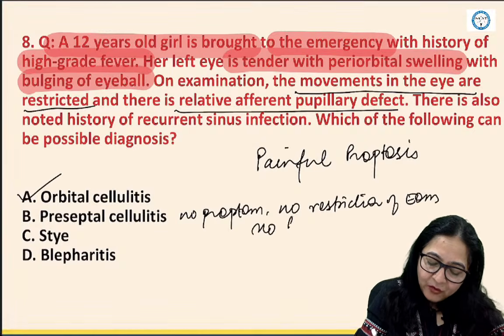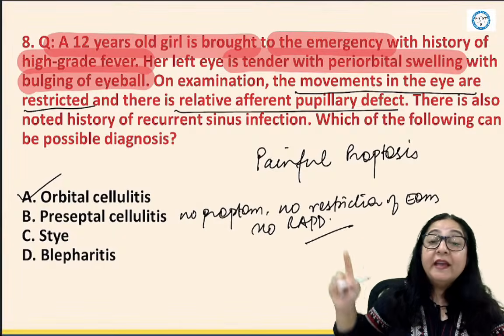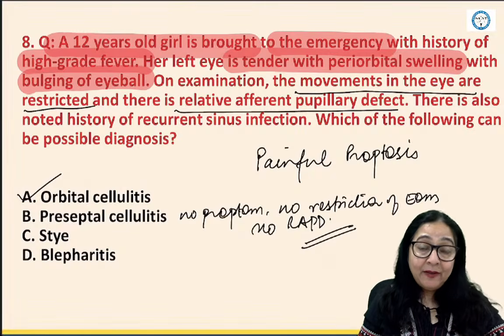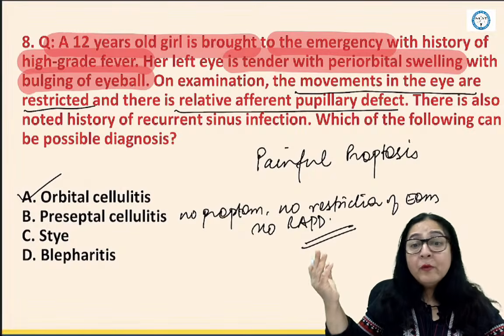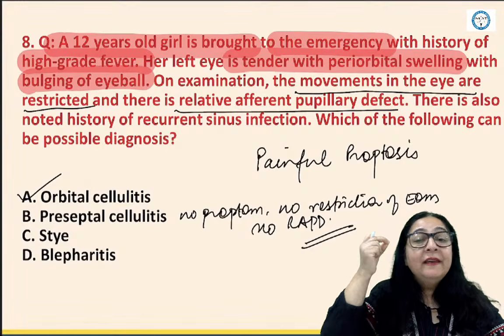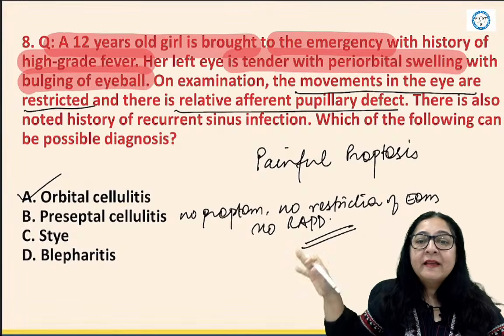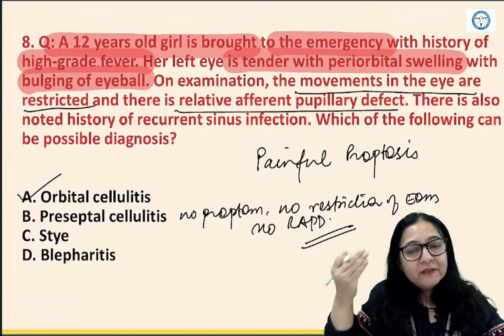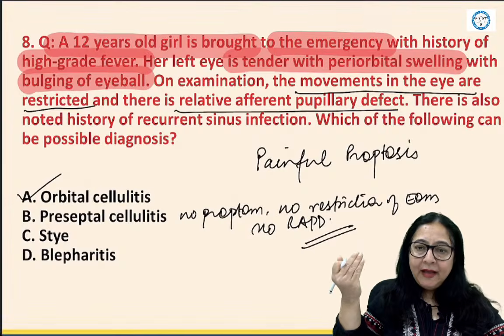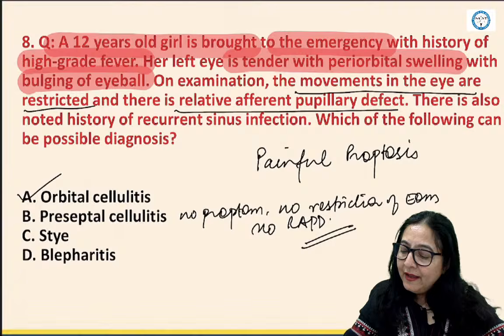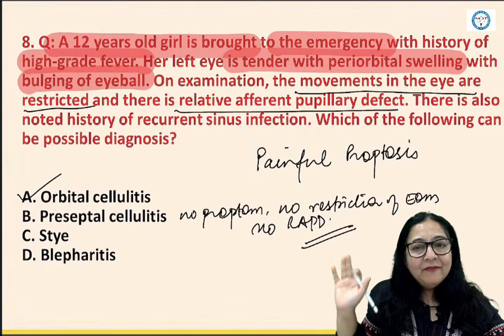So that is how you will differentiate preseptal cellulitis from orbital cellulitis, beta. ठीक है, स्टाई आपको पता ही है, stye is just a small painful nodule on the lid margin. Again, ये सारे फीचर्स स्टाई में नहीं होंगे. Blepharitis is when there is inflammation of the lid area only, eyelid margins. Again, ये सारे फीचर्स उसमें नहीं होंगे. ठीक है, so you have to be very careful.